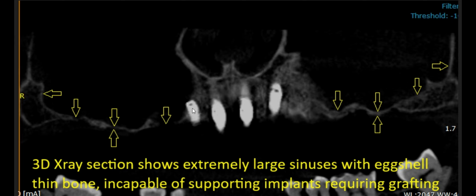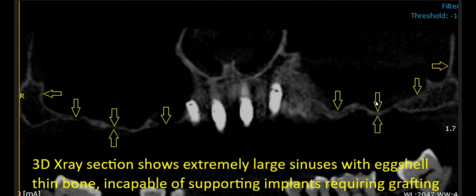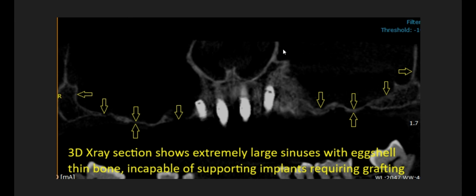The other issue that you can see is that the bone around the sinuses is eggshell thin in some places and almost non-existent, as in this area here. On the other side, very, very thin, no space to put an implant. It'll simply perforate into the sinus. And if you look at the sinus, you can see how enlarged that is compared to the nasal cavity. So an unusual case, but not unheard of. Nothing that we haven't dealt with before.